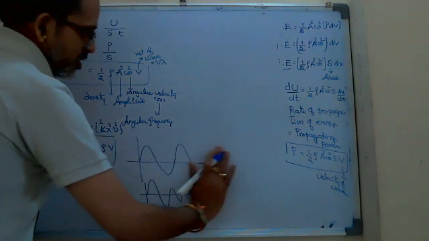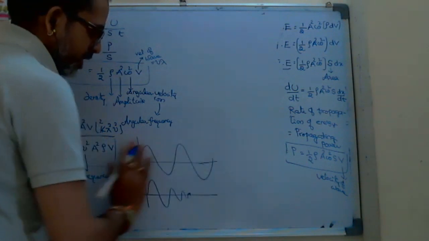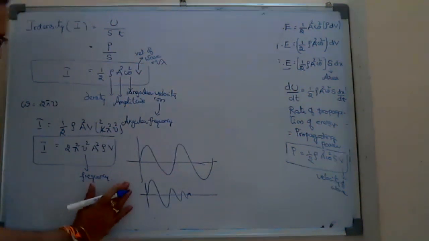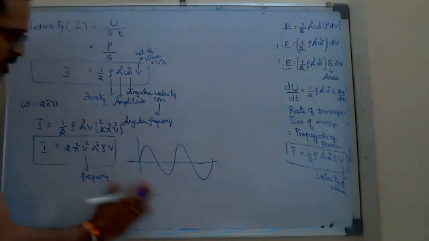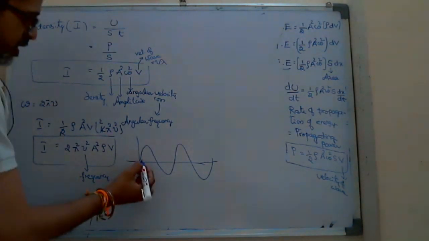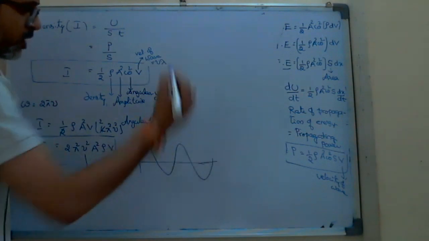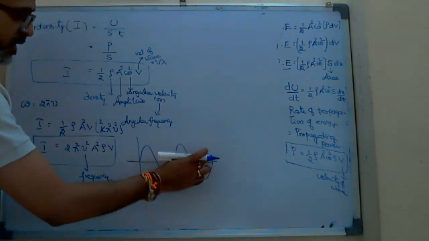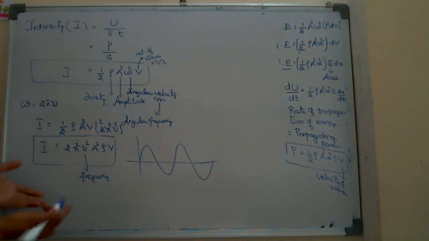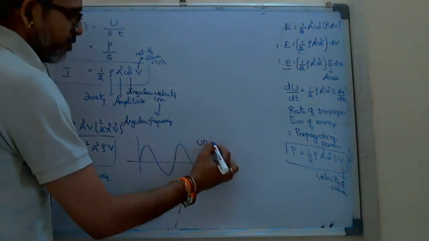Actually, the intensity is not constant while propagating. That is, the power is not constant, the total energy is not constant. But in primary models, even until mains models, we take the amplitude same throughout the wave. Even though it is not practical, we consider the amplitude remains constant. This wave is called an undamped wave.